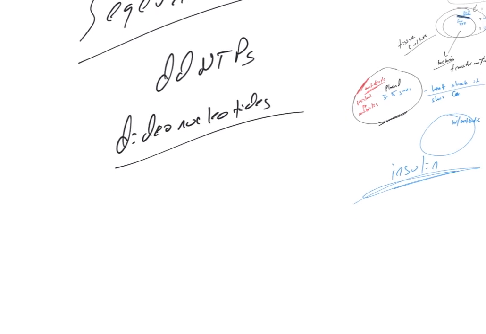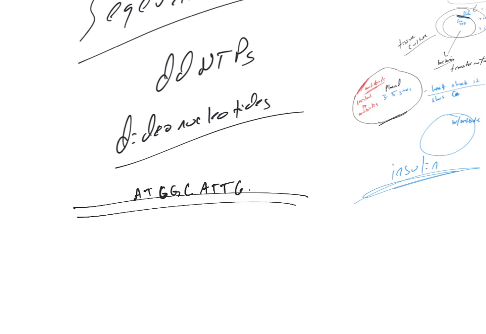So imagine this way. Here's my DNA molecule, and it goes A, T, C, A, T, G, G, C, A, T, T, G, A, C. Basically you're copying this DNA over and over again. dNTPs stands for nucleotides.